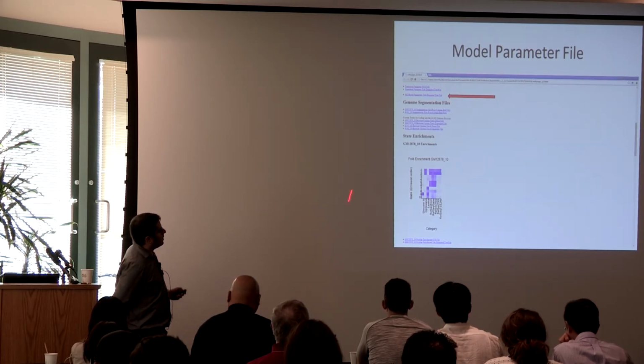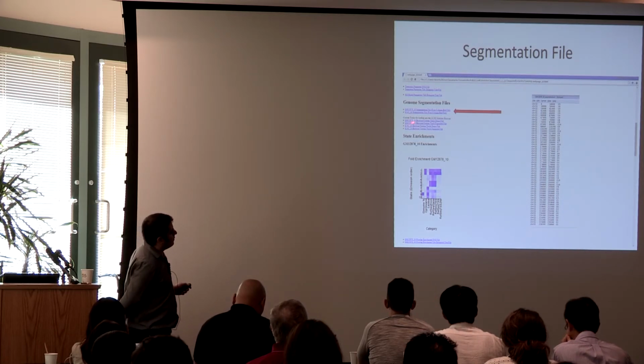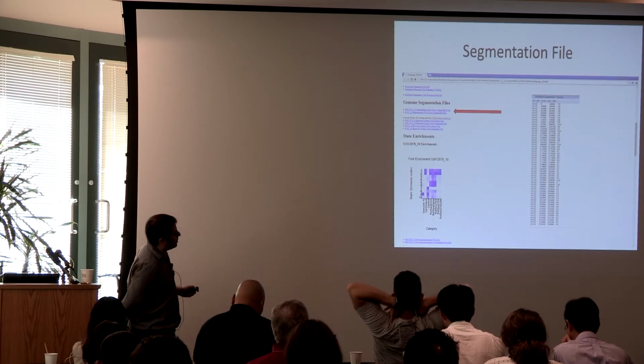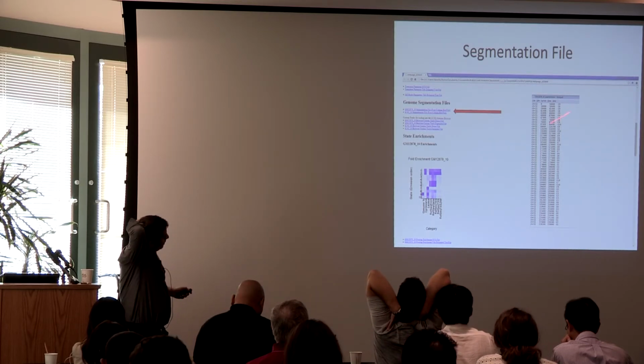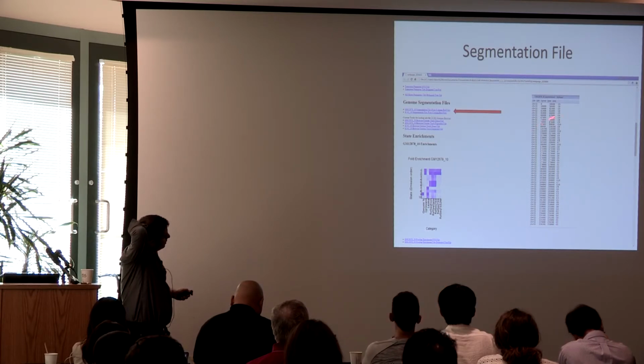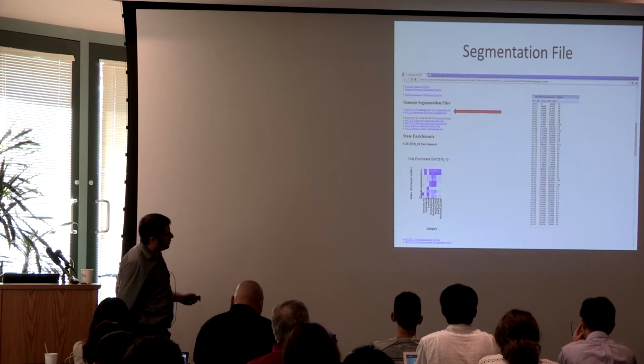The next thing that appears are the segmentation files. These are going to be in a 4-column bed format. So what you see here is the chromosome, then the start position, the end position, and then the state. The E stands for ordered by the emission distribution.